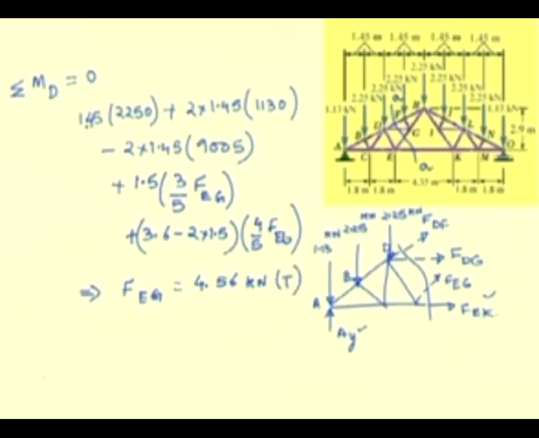Now, we can use the force summation equation to determine the other two forces. So, first we use the force summation about y axis. The various direction cosines are available. This is for the member EG.